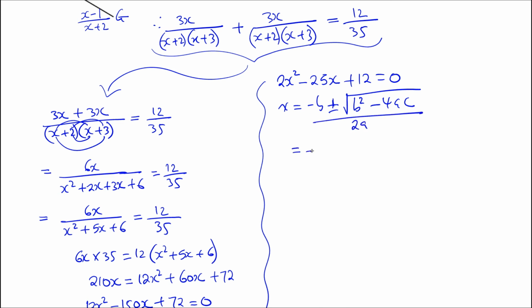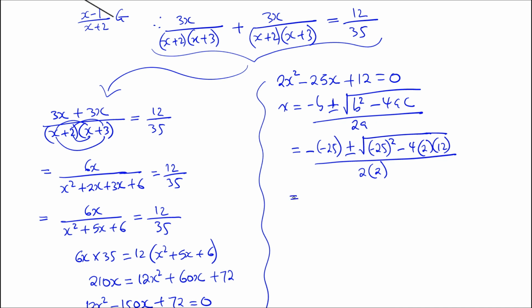So that will be negative negative 25 plus or minus the square root of negative 25 squared minus 4 times a, which is 2, times c, which is 12, over 2 multiplied by 2. Okay, this negative and negative will just be 25 plus or minus. You can plug whatever is under the square root in a calculator, so that will be 529, over 4.